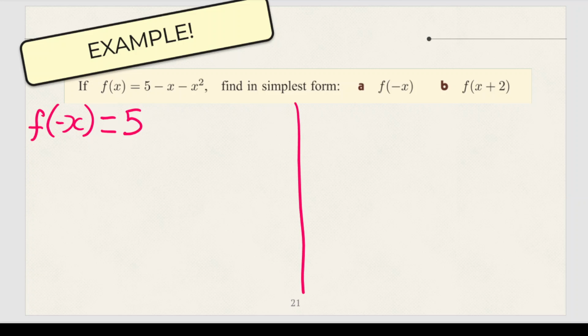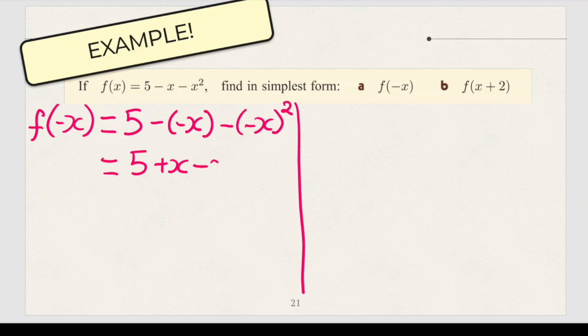So we're going to have 5 take negative x, take negative x squared, which is equal to 5, plus x, take away x, negative x squared, which would be x squared.